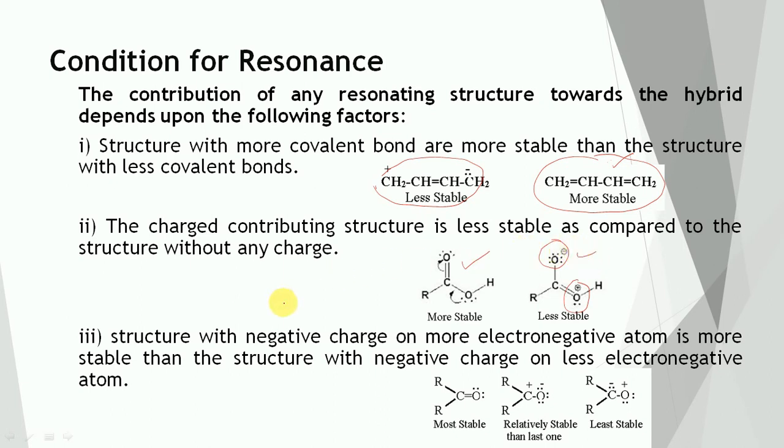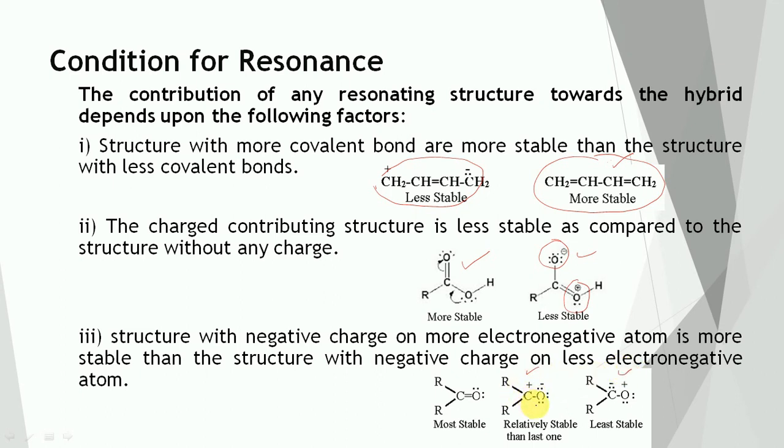Point number 3: the structure with a negative charge on a more electronegative atom is more stable than the structure with a negative charge on a less electronegative atom. Let us compare this structure and this structure.